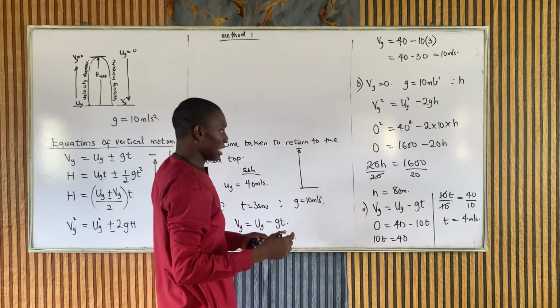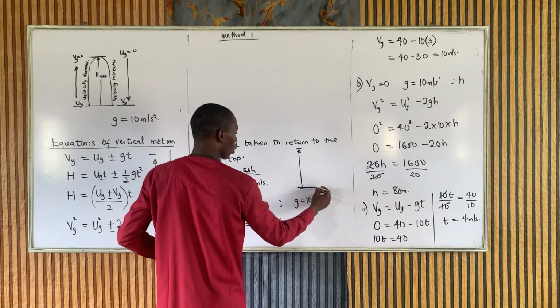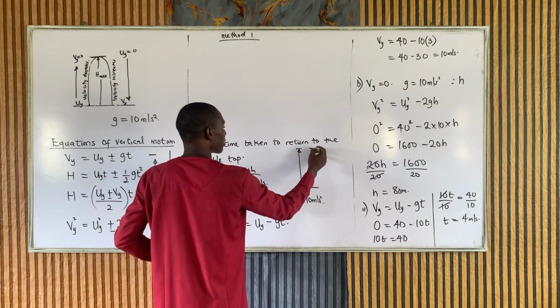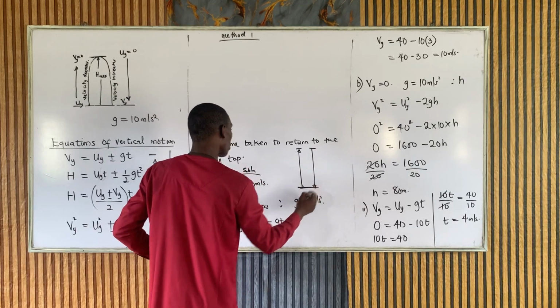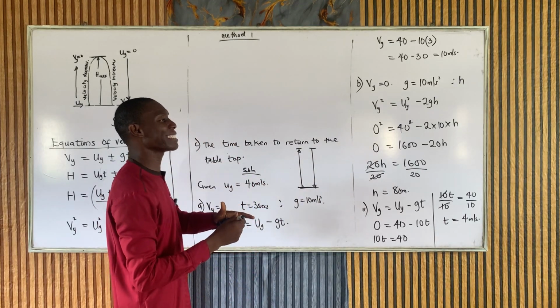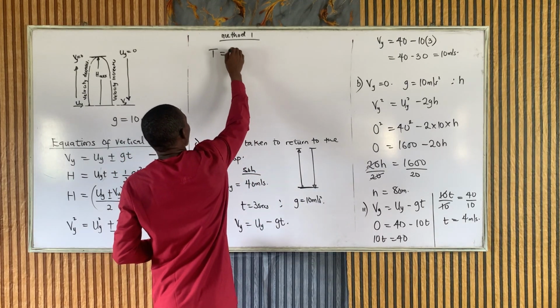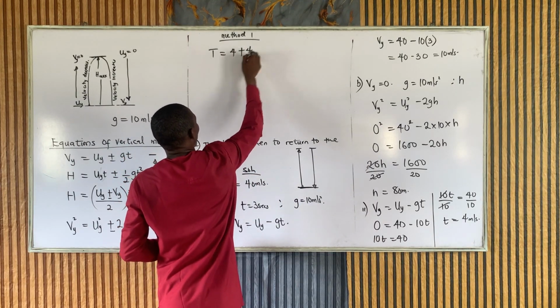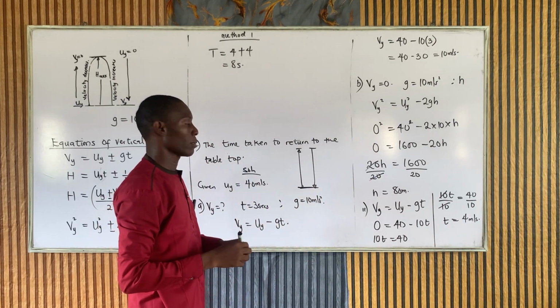We understand that if it took 4 seconds from the tabletop to the maximum height, it also takes 4 seconds from the maximum height to the tabletop. So the time taken to return to the ground means the entire time it took. That time can be gotten as 4 plus 4, and that's 8 seconds.